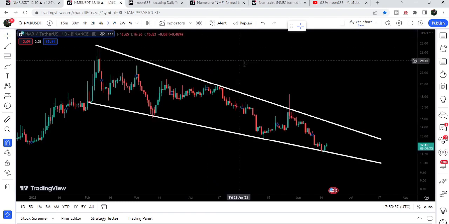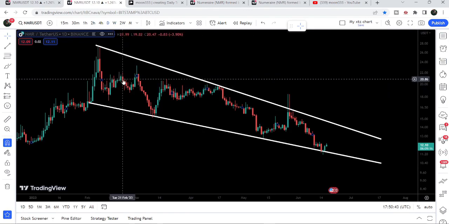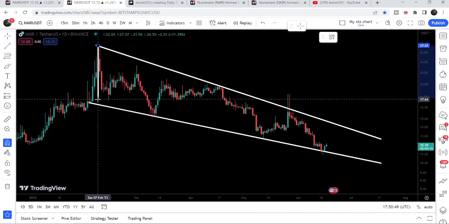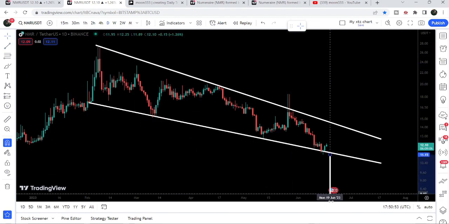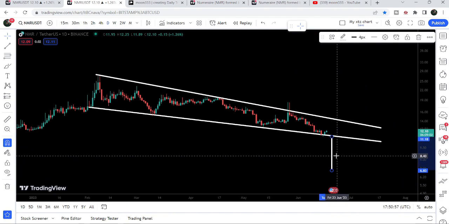At the same time, we also have another bullish bias pattern formation on the daily time frame chart. That is a falling wedge pattern, and you can see that it is quite squeezed. Therefore, at any time, it can break out or break down the support or resistance of this channel. For example, if it breaks down the support, then the next target to the downside can be here, approximately at $6.80.